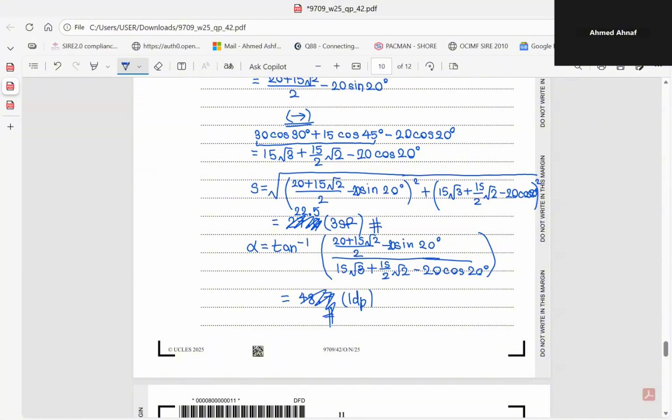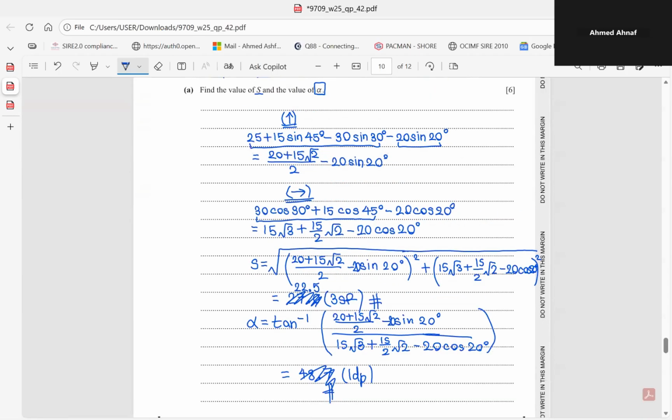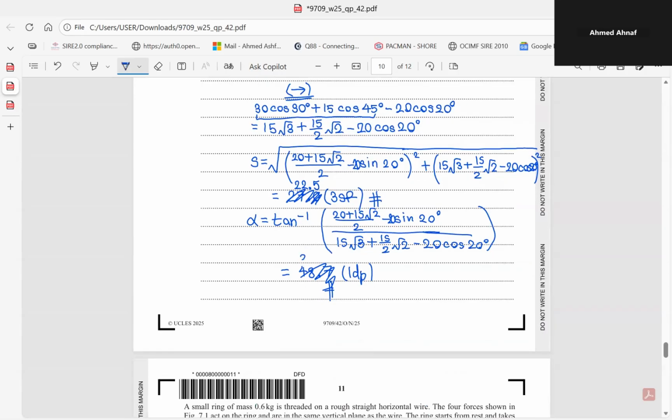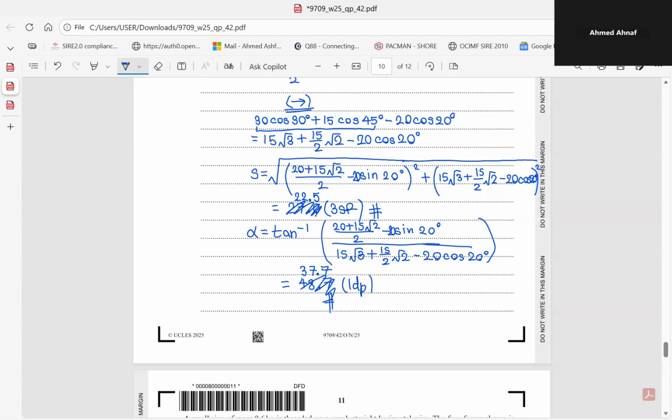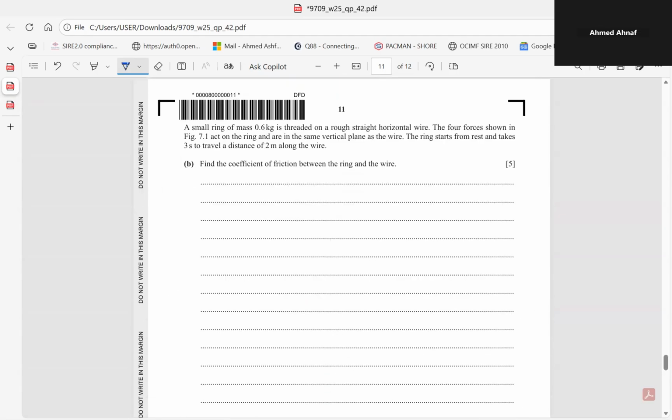And this one is supposed to be, hold on, give me a moment, over 30 plus 30 plus 15 cos 45 is 20 cosine 20. Yeah, and this is 37.7 to 1 dp. So these are final answers. Let's move on to the next part.